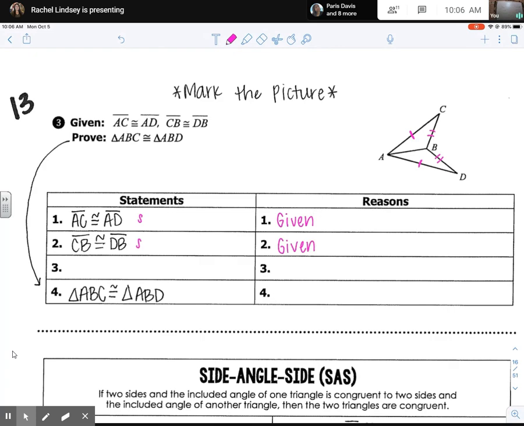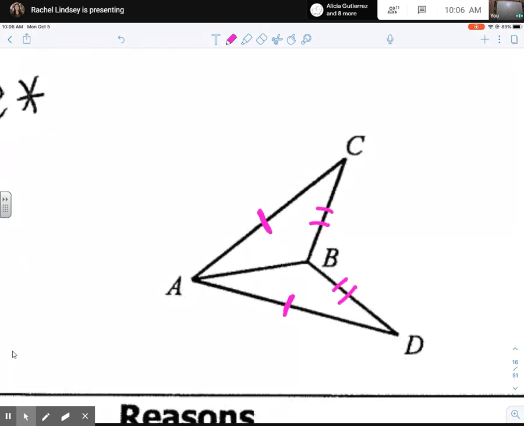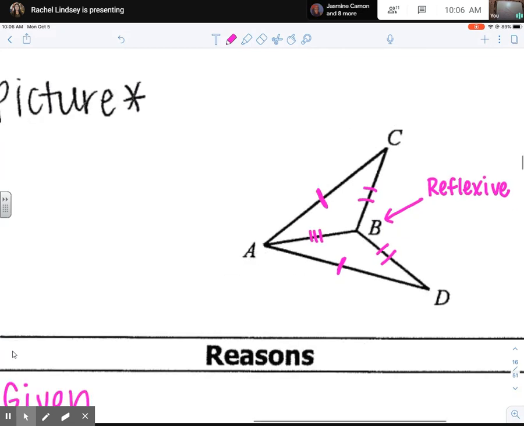Now, if I wanted to do something else, if I was just looking at this and I wanted to see what the postulate was here, what could I mark? The AB line. Why can I mark that? Because it's shared. It's called reflexive. So from that, I know that side AB is congruent to side AB, right?